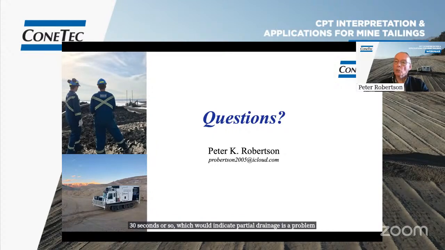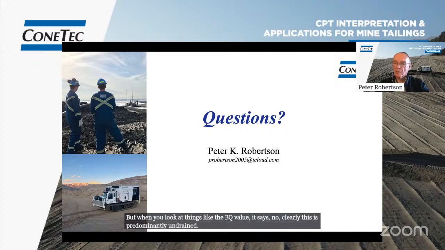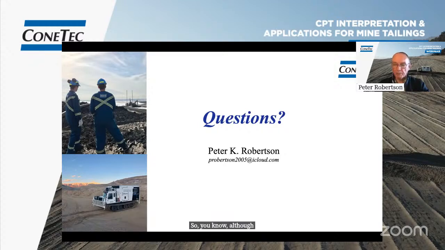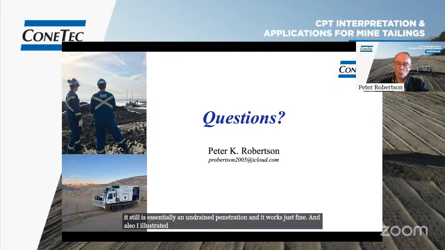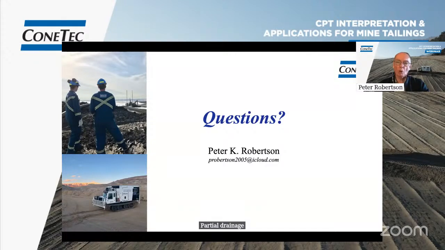But when you look at things like the Bq value, it says no, clearly this is predominantly undrained. So, although the t50 is relatively rapid, it still is essentially an undrained penetration, and it works just fine. And I also illustrated that numerical work, supported by experimental work, shows that when you're estimating residual undrained strength ratio, partial drainage doesn't seem to play a major role.